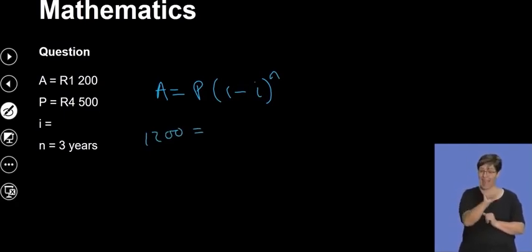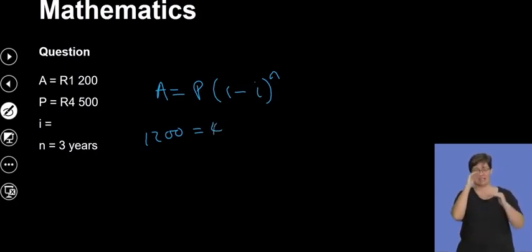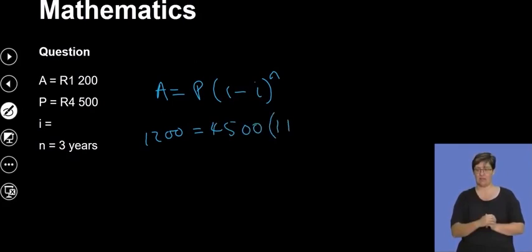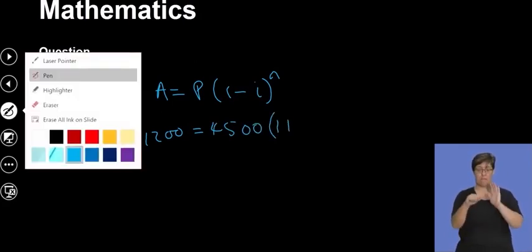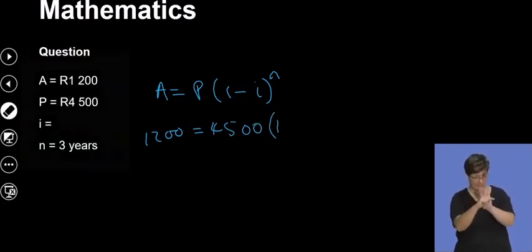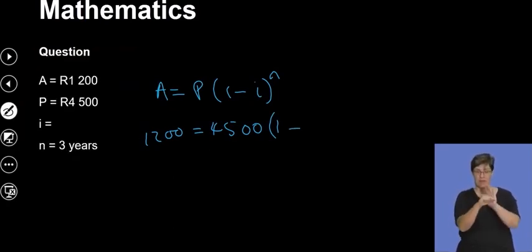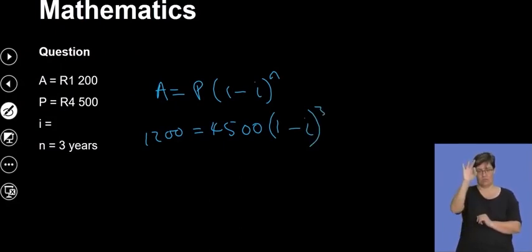Remember that A is always less than P when we talk about depreciation. And this will be 4,500 into 1 minus, not plus, 1 minus I, which I do not know, and this is to the exponent of 3.